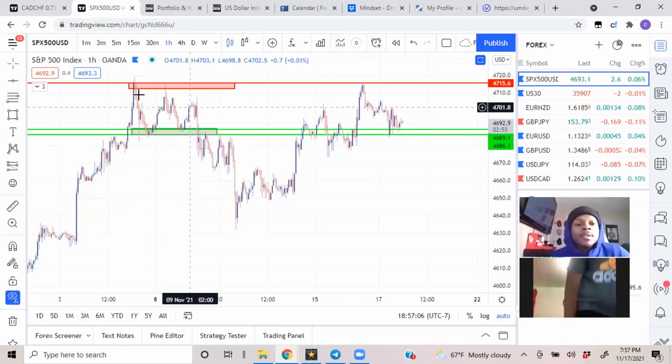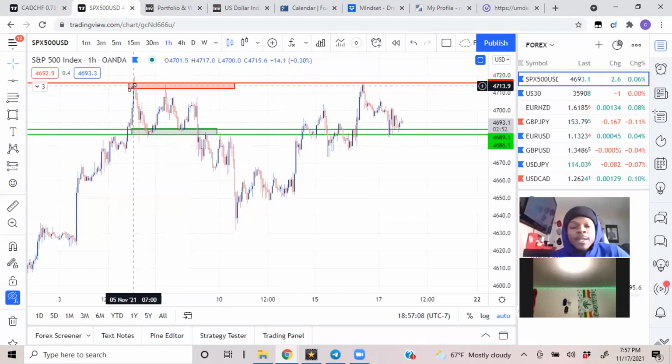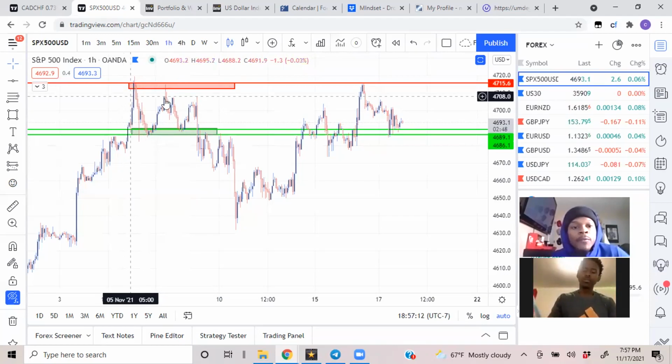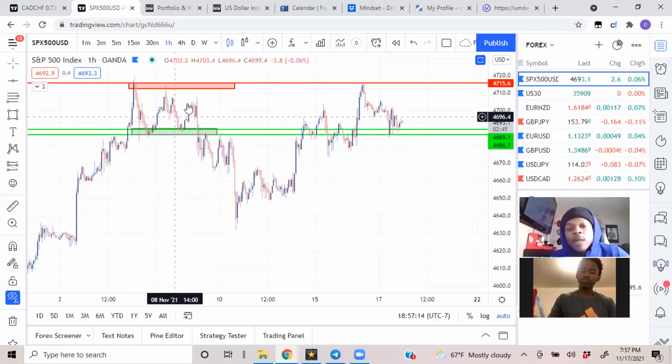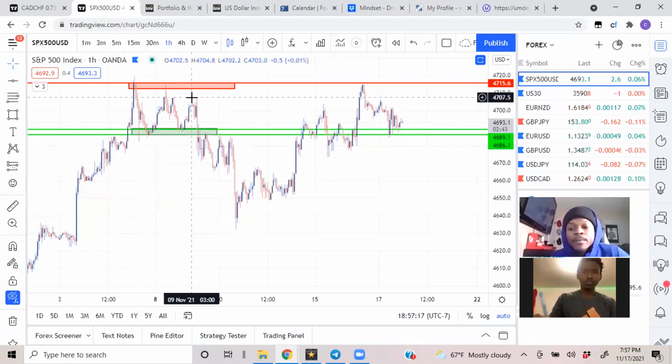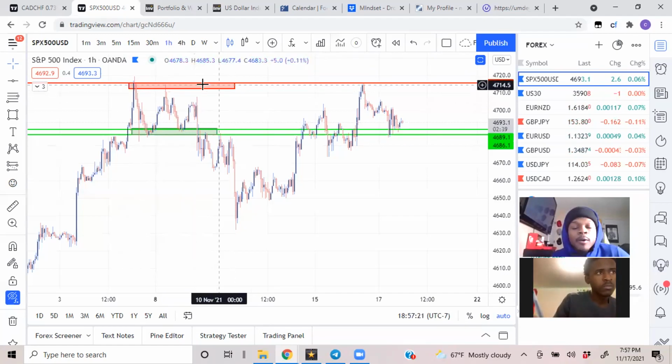All right. So back to our tennis match. They were going back and forth, and then we see that we finally have a winner here. Our winner is the red zone, or basically our sellers.